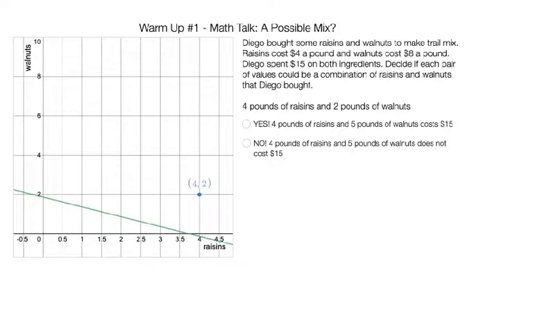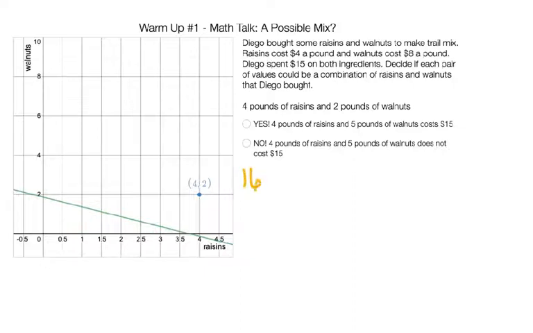So you look at it and you go, well, if I bought 4 pounds of raisins, and each pound is $4, then 4 times 4 is 16.